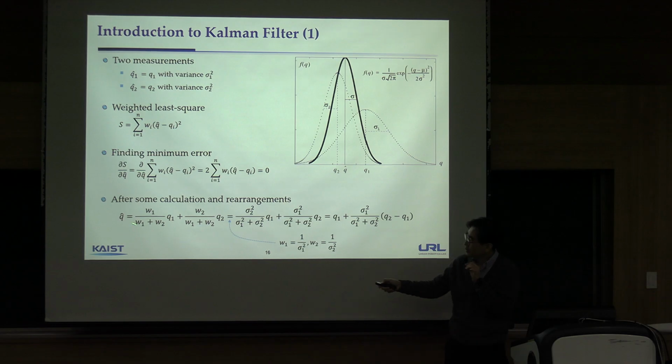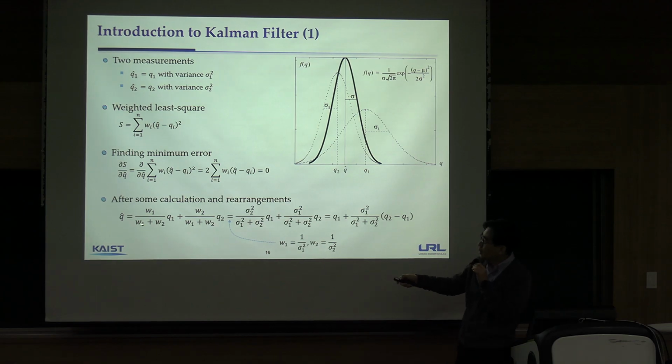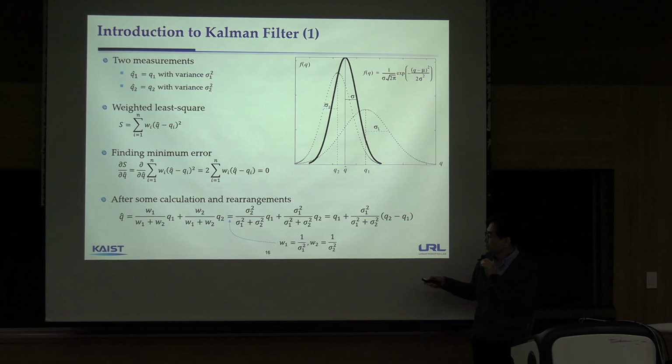So the solution is like here. Q hat is equal to something times Q1 plus something times Q2, and you can see that this is the linear interpolation of Q1 and Q2. There is W1 over W1 plus W2 in front of Q1, and W2 over W1 plus W2 in front of Q2. You can set W1 and W2 based on the sigmas.